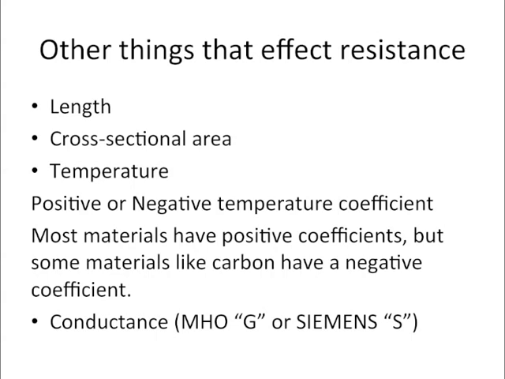However, some materials like carbon have what's known as a negative temperature coefficient, which means that as you increase the temperature, it actually decreases the resistance. And then we also have the conductance of the material itself, which is not really that important to us as an electronics technician. Maybe if you're an engineer, you might be a little more worried about that.